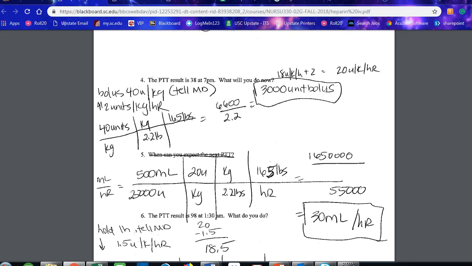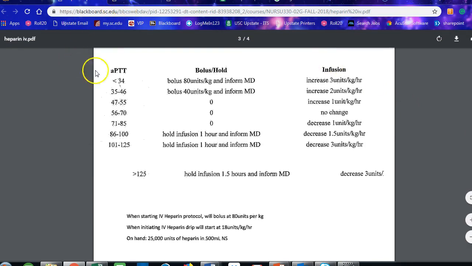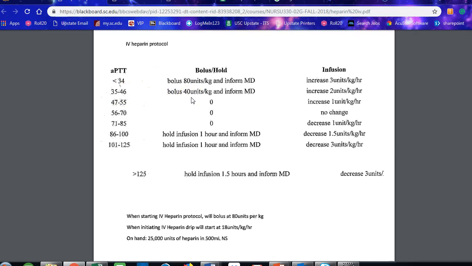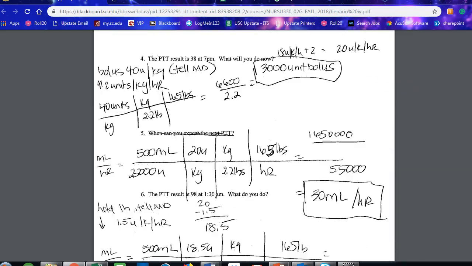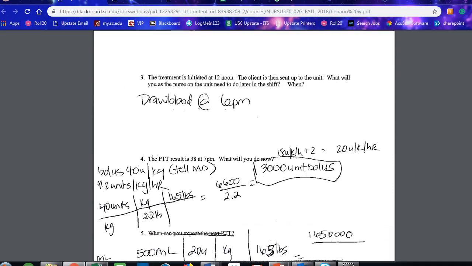Let's look at our protocol. Our result is 38. Between 35 and 46, we're going to bolus 40 units per kg, and we're going to inform the doctor. And then our infusion is going to be increased by 2 units per kg per hour. First thing we need to figure out is our bolus.